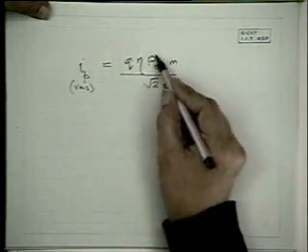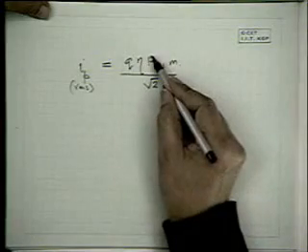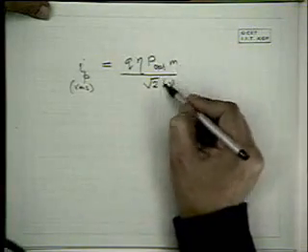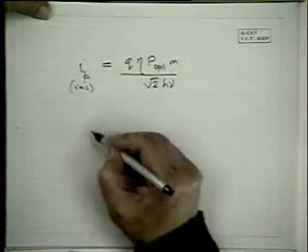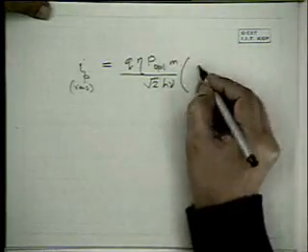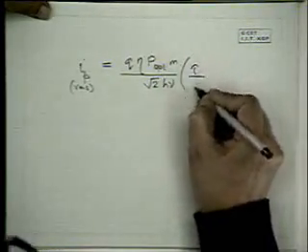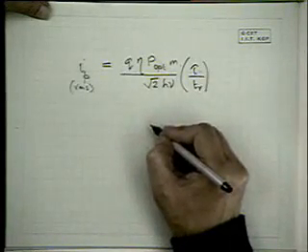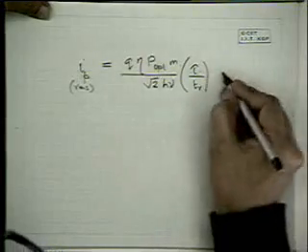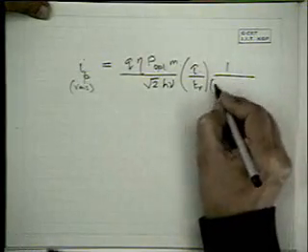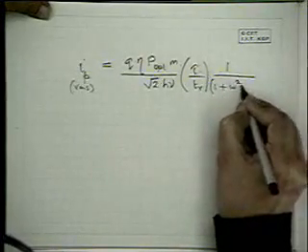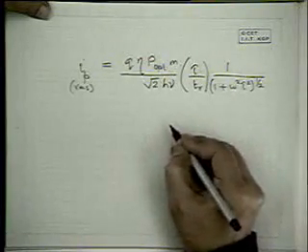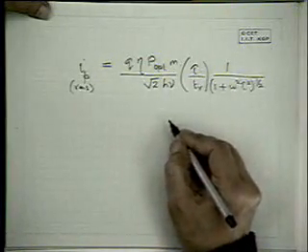The number of photons, if you have power P opt and photon energy h nu, is P opt by h nu, and this is the gain term. And that gives the frequency response.